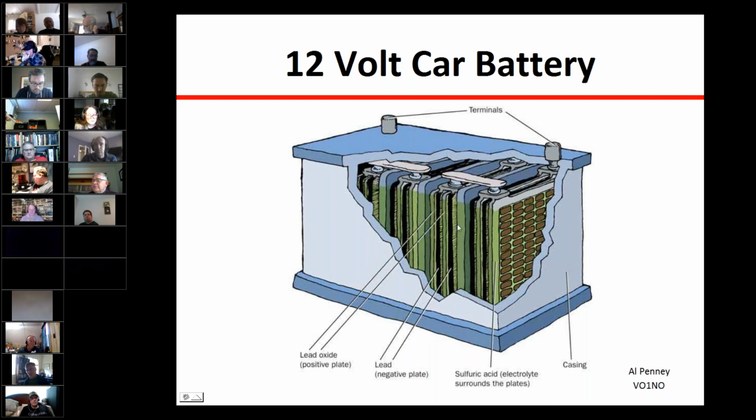I was just curious about sulfuric acid, why they would use that as an electrolyte with the reaction with the lead? Yep, it's what generates the chemical reaction that's necessary to produce electricity. Can you clarify that chemical reaction though? We'd have to get into the chemistry of it, and I'm a physicist, not a chemist, and it would go into far more detail than what we need to cover here.